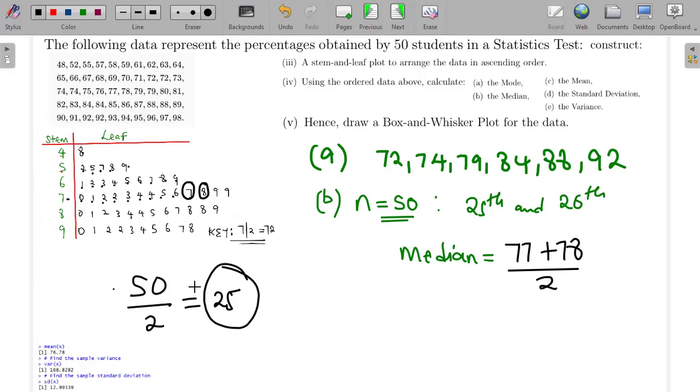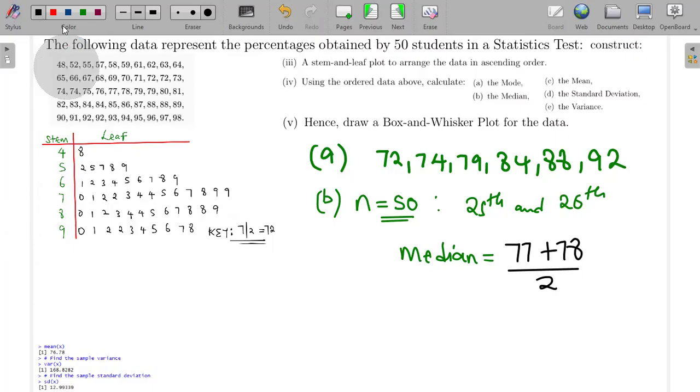And then the next one will just be one step away from the 25, so I have 25 and then the 26 there. Or if you want, you can actually use the cancellation method. You start canceling, cancel this, cancel that, just like that. You'll see that you're going to remain with 2 numbers in the middle, which will be 77 and 78.